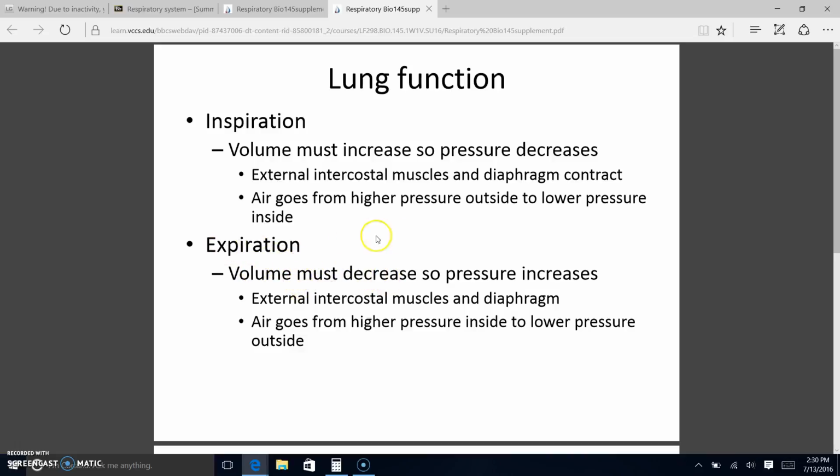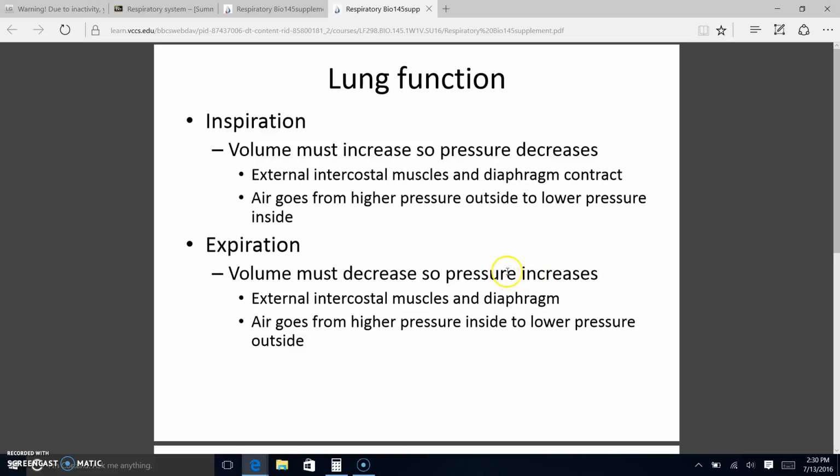Okay, now, if we're going to get air out of our lungs, the volume of the air has to get smaller so the pressure increases. Remember, I want to get the pressure in my lungs higher than the pressure in the atmosphere, so it will move from the high pressure to the low pressure. So how do I increase the pressure in my lungs?